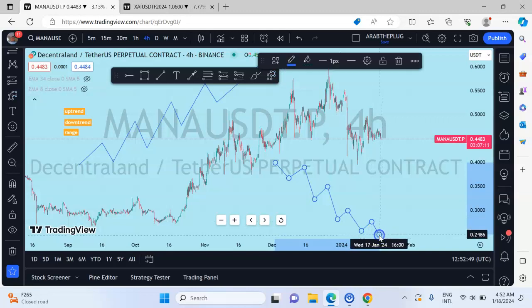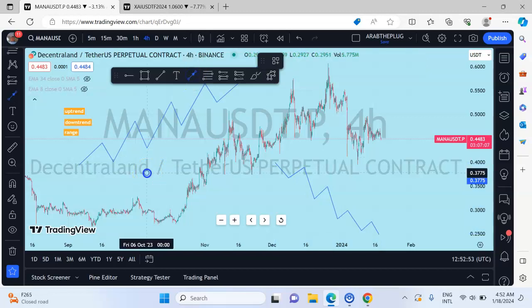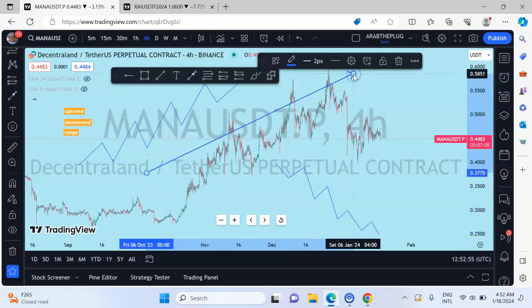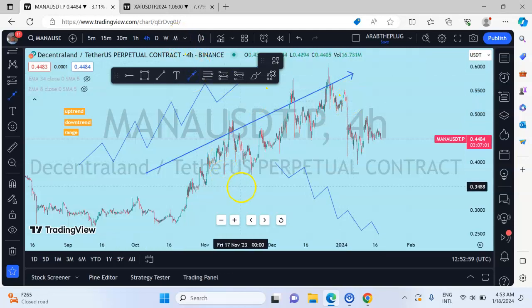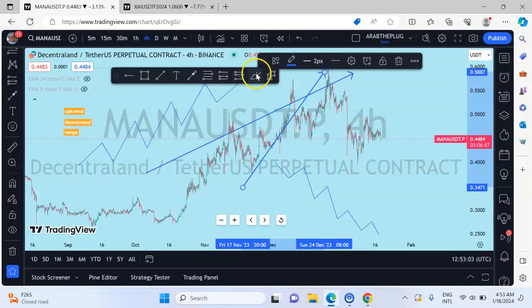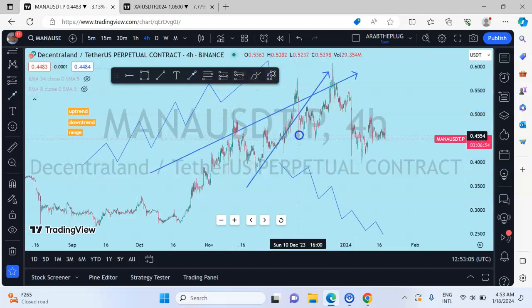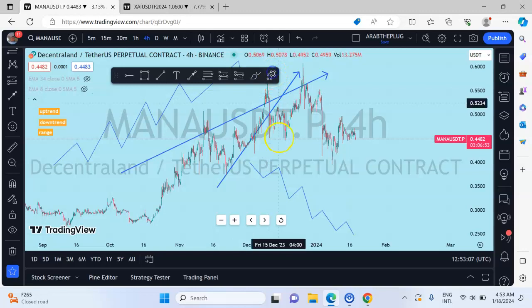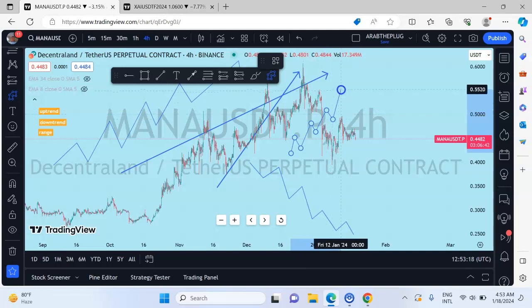But the reason why the market moves this way is that the market does not just move straight. If the market is going up, it does not just move like that or like this. It always moves in a choppy direction. It goes up, comes back a little bit, then moves again, then comes back, then moves again.